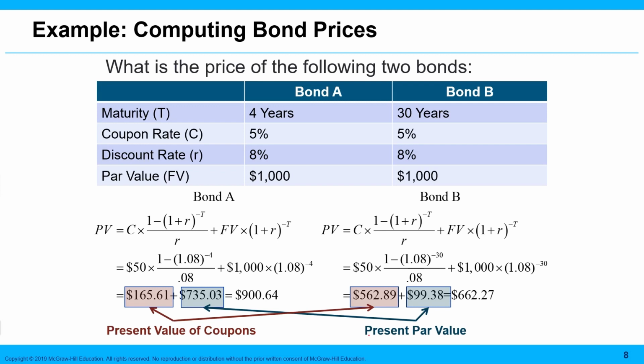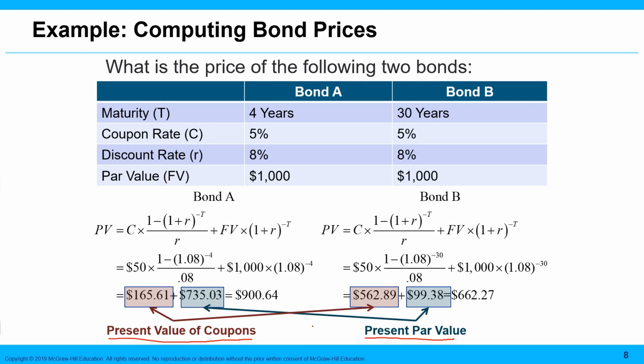As we can see, the present value of bond A's coupons is much lower than the present value of bond B's coupons. This is just because bond B has more coupon payments, as it has a higher maturity.